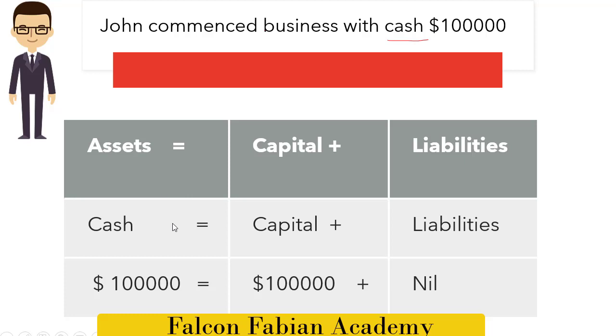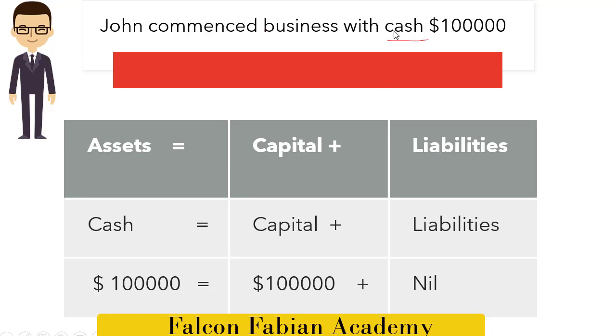So let's have a look at the accounting equation. When you're writing an accounting equation, you need to create a table like this. So you have one column for assets, one for capital, and one for liabilities. And in the first row, you will write the accounting equation, which is assets is equal to capital plus liabilities.